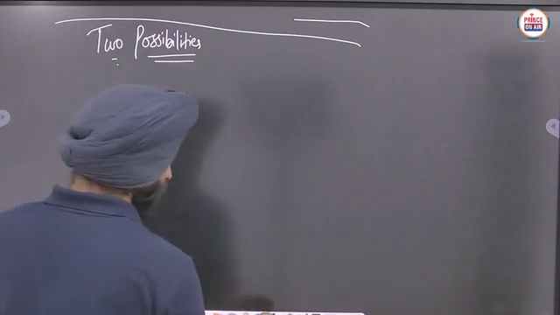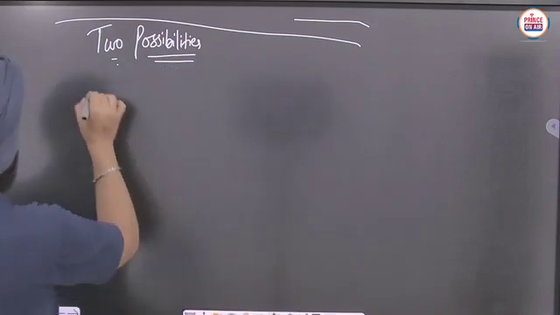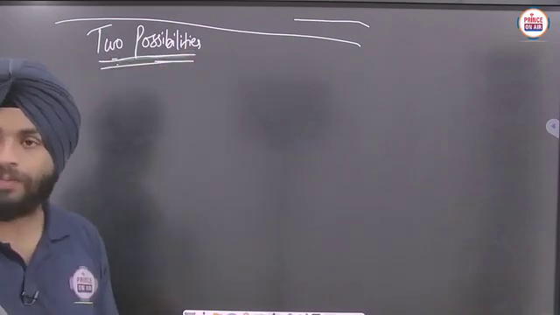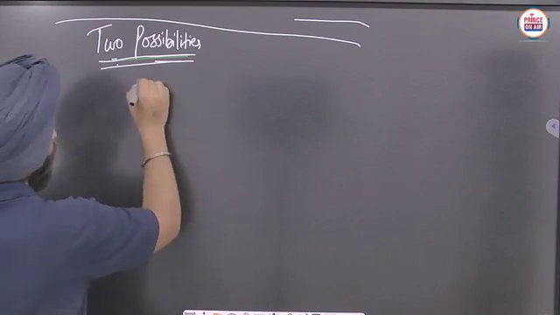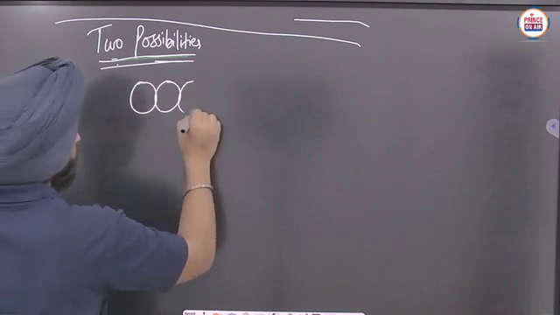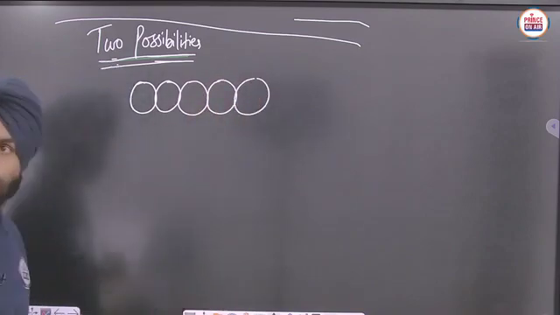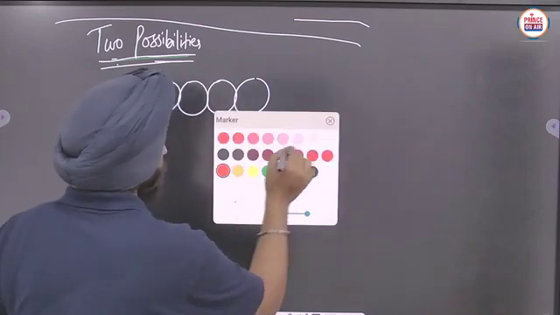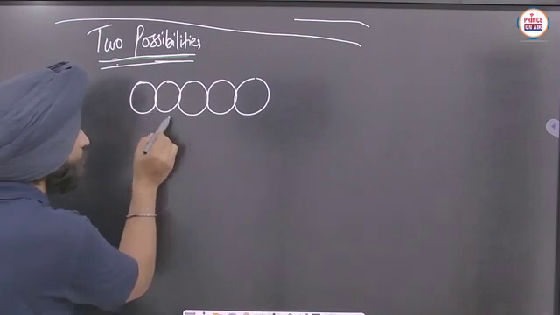Now we have to discuss the second possibility here. In that case, what do we have to do? We have the particles arranged here, and in this case you will see that some depressions occur.